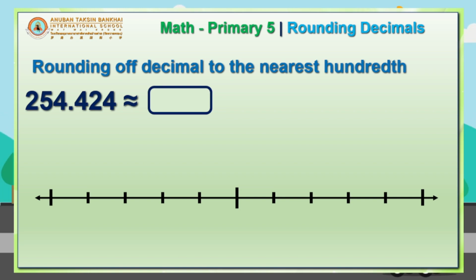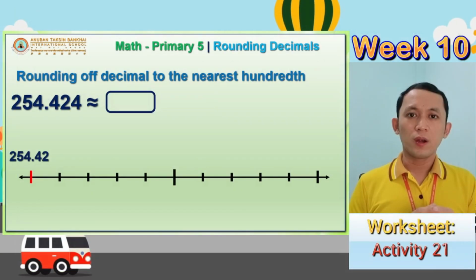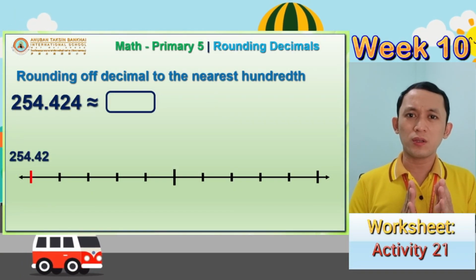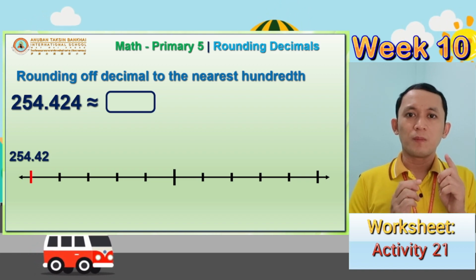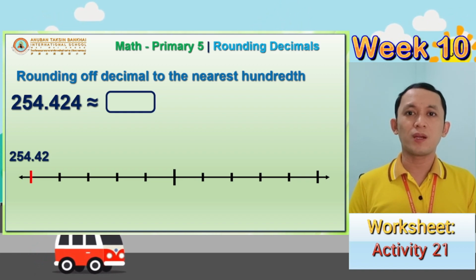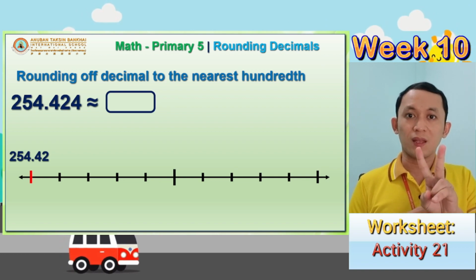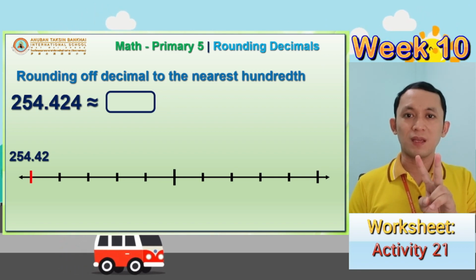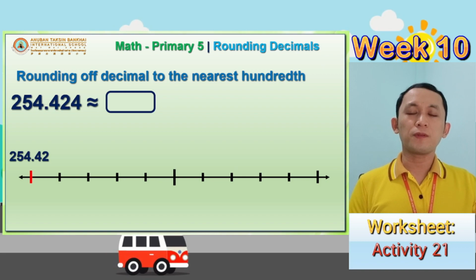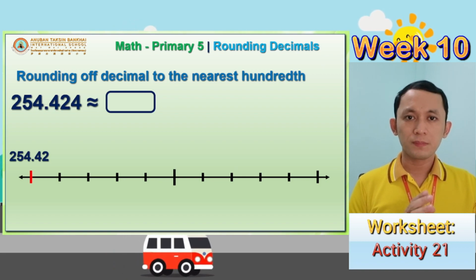Okay, so the first one, we are going to identify our first digit. So our first number will be 254.42. Again, take note for 2.42 only, because we are rounding off to the nearest hundredths place. So that is 2 decimal places. Okay, so 254.42.